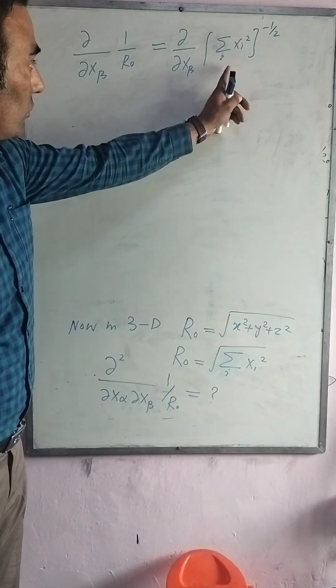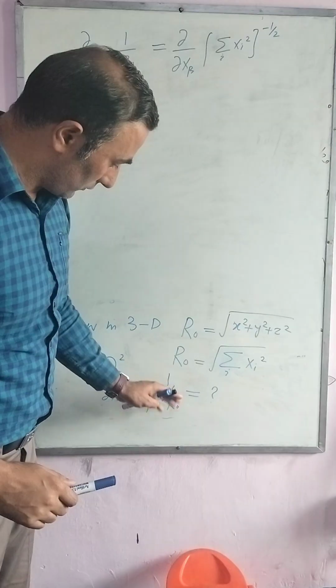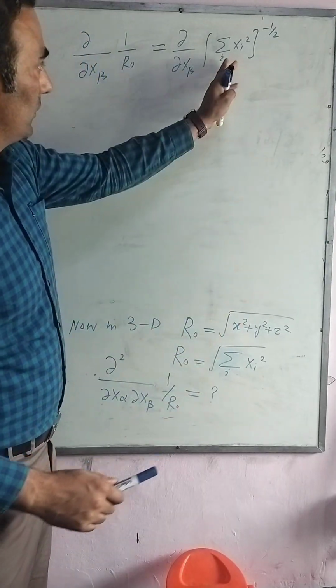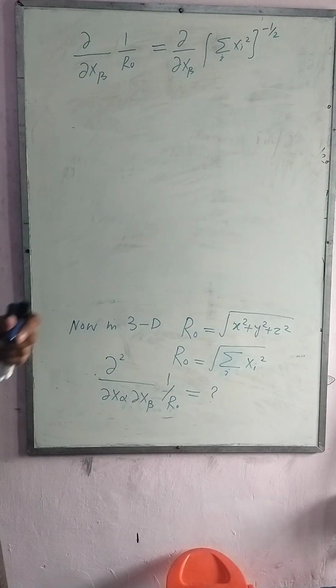So this will be equal to x I square raised to minus 1, because you need to take 1 by R naught. So this is clear. So let us differentiate it with respect to x beta.